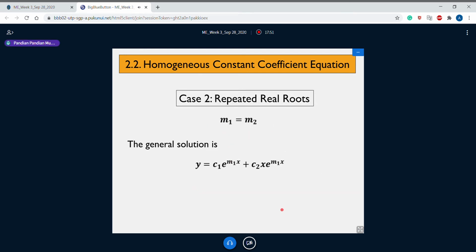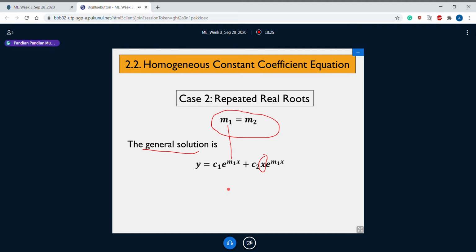For case 2, this is the problem. Case 2, m1 equals m2. But since you must have two independent solutions, the general solution is y equals C1 e to the power m1x, and C2, you see there is x here. If you put it without x, then they are both the same. I can combine C1, C2, make it C3, e to the power m1x.